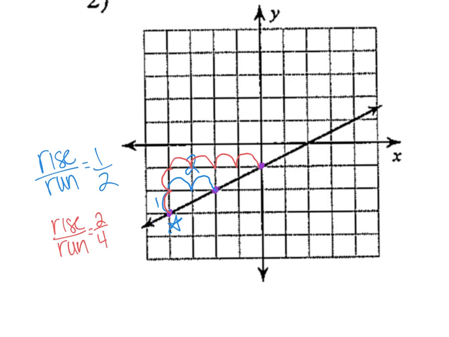You can rise and run any points you feel like it. But look, guys, 2 over 4 reduces down to? 1/2. You're going to get the same answer no matter which points you rise and run to. For all I wanted, I could go all the way up here. This red way up there. Whatever. It's going to reduce down to 1/2.